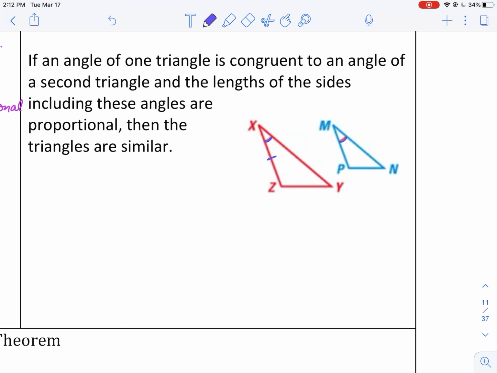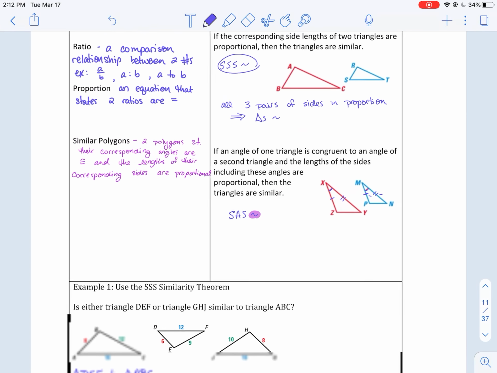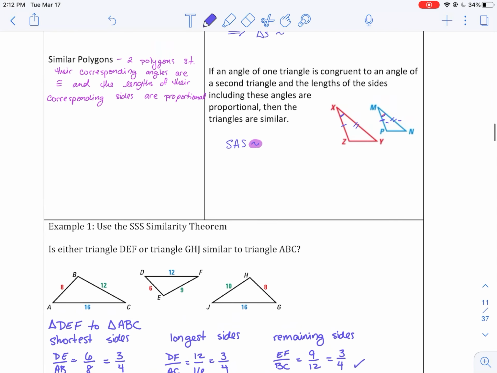If we have XD in proportion to MP and XY in proportion to MN, then we know that those two triangles have to be similar. The way that we're going to abbreviate this one is side, angle, side similarity. It's important that you include that it's similarity, because otherwise it's assumed that we're talking about congruence, which is totally different. Now let's look at this first example.